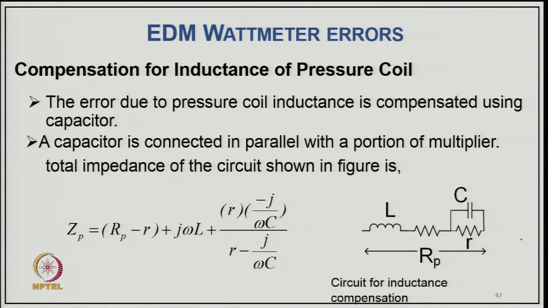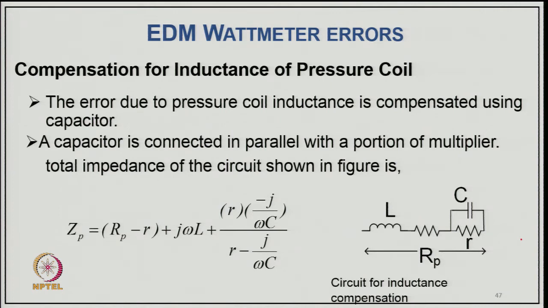So, for compensation for the inductance of the pressure coil, the error due to the pressure coil inductance is compensated using a capacitor. A capacitor is connected in parallel to a portion of the multiplier resistance, and the total impedance of the circuit is now as shown in the figure.